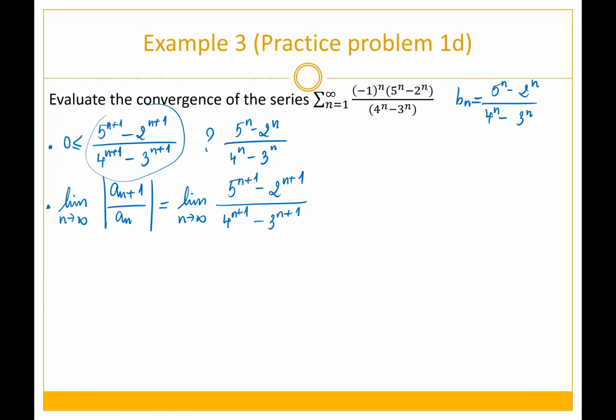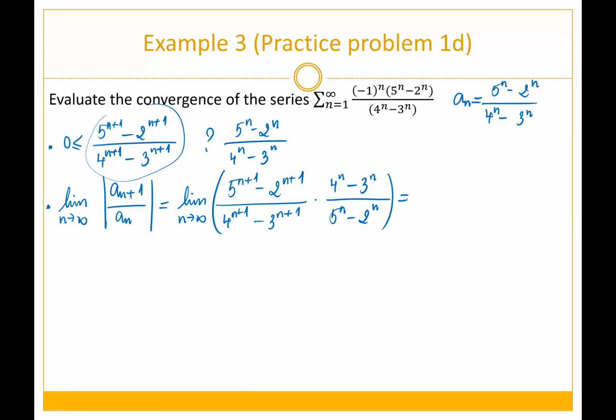Now we need the n term, and you divide by it, so this one is flipped. So you have 5 to the n minus 2 to the n over 4 to the n minus 3 to the n.